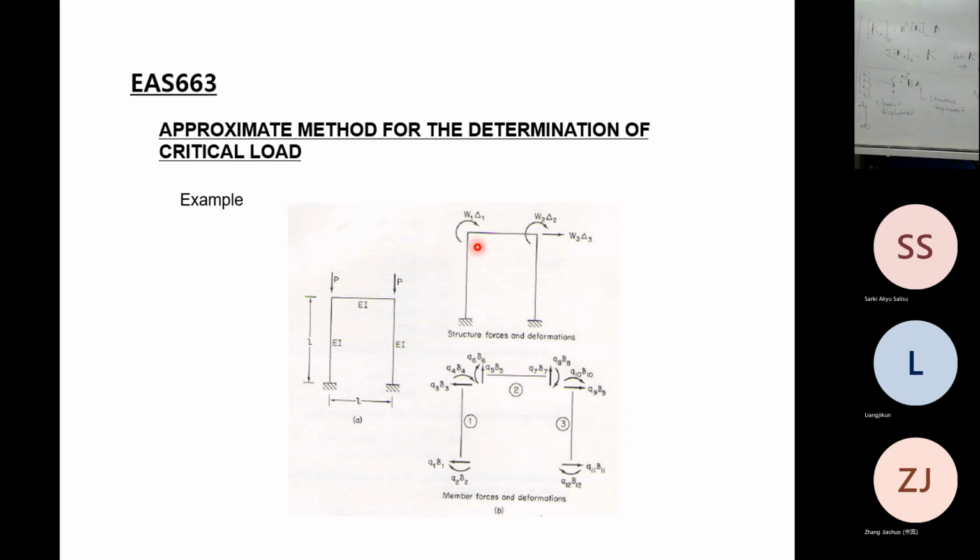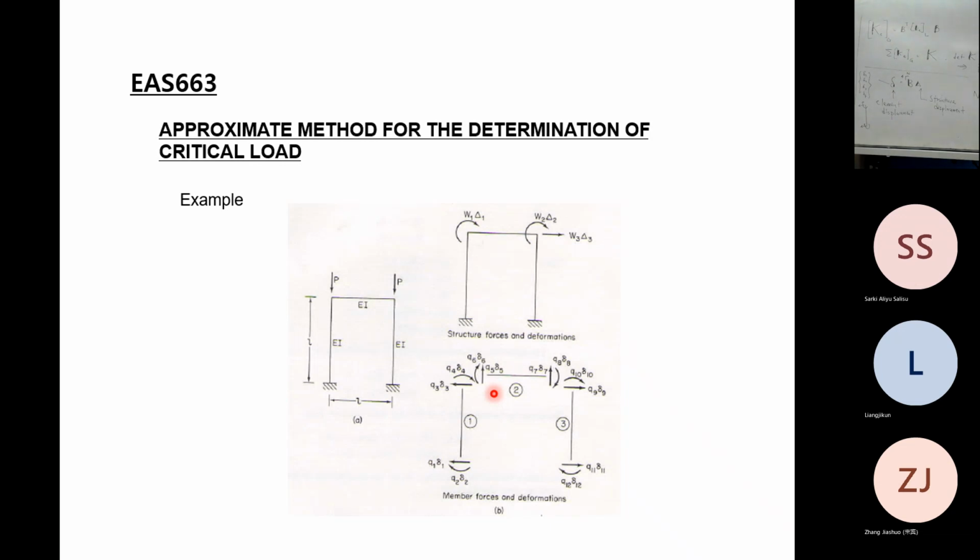Let's settle with element 1. Now you go to element 2. If I ask you now, what is delta 5 here? For this element, delta 5 is the translation in these directions.